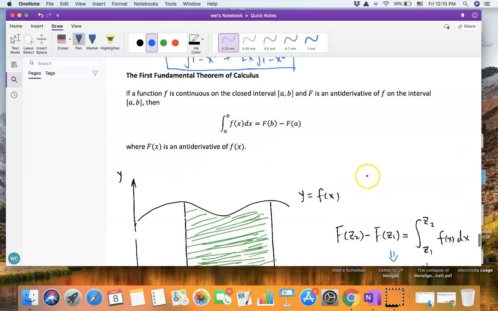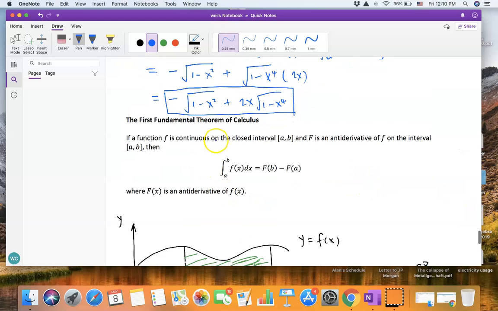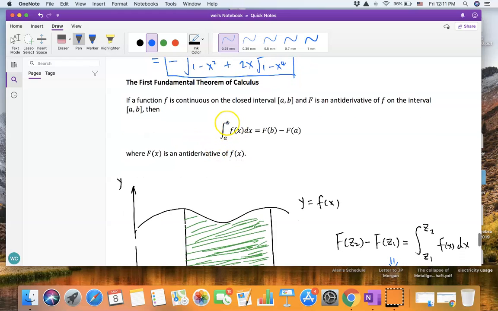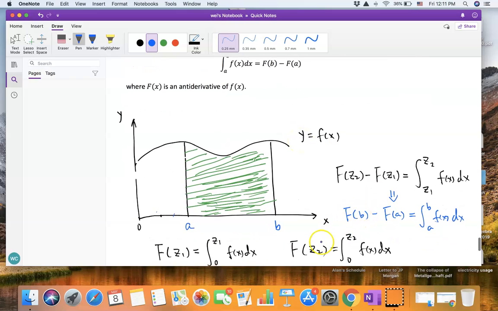So this is the result of the first fundamental theorem of calculus. It says if a function f is continuous on the closed interval from a to b, and capital F is an antiderivative of little f on the interval, then this definite integral from a to b of f(x) dx equals capital F of b minus capital F of a, right?